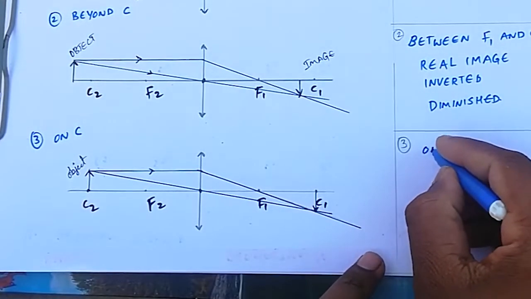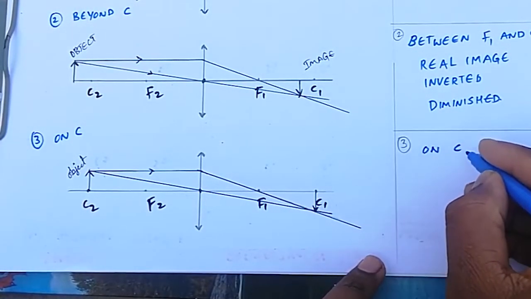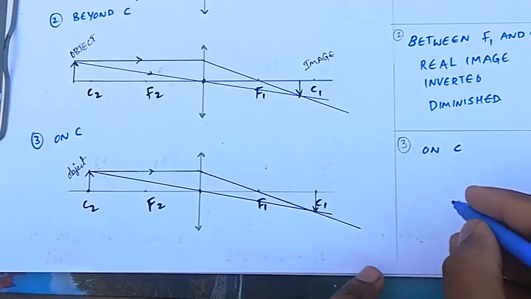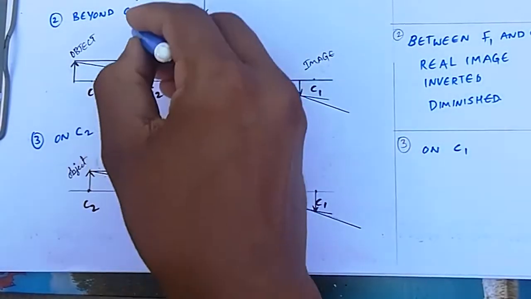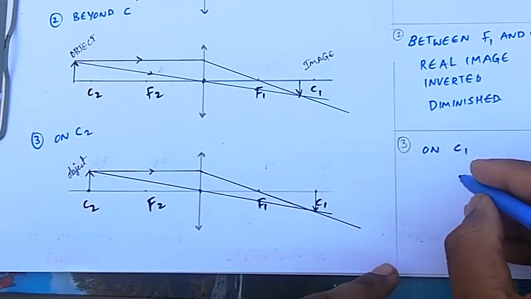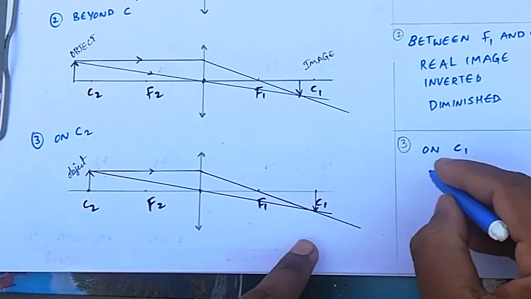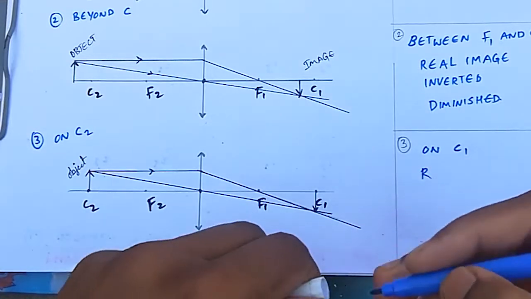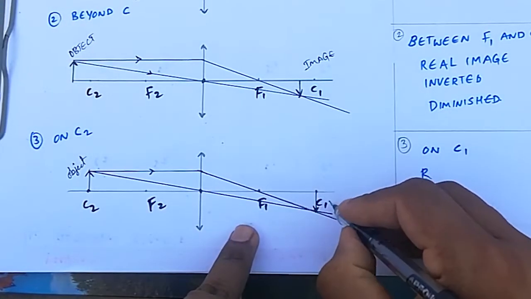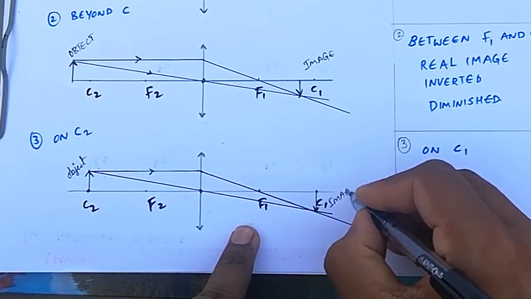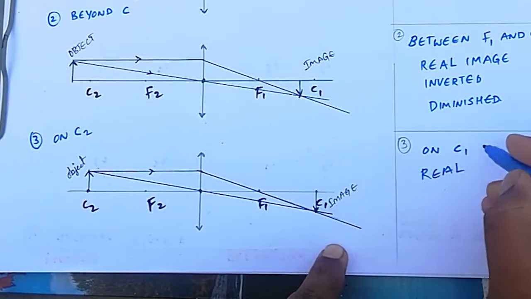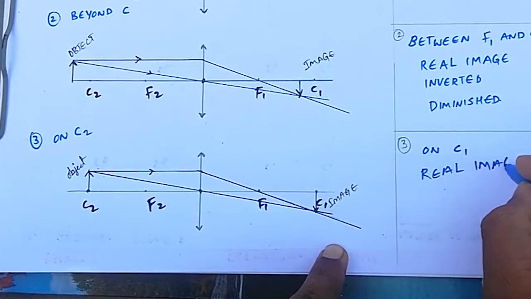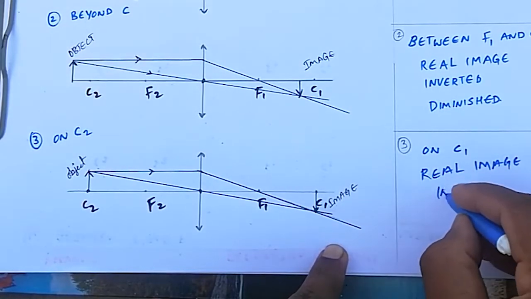So on C, the object is placed on C2, and the image will also be on C1. This is the real image, inverted.